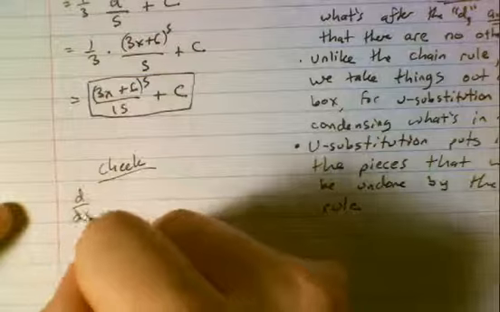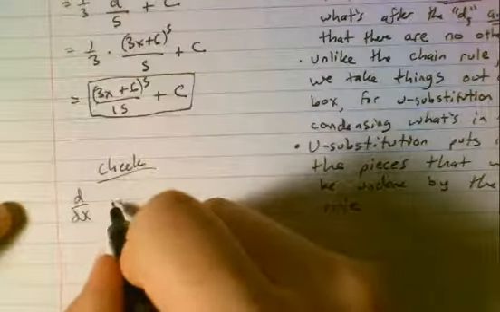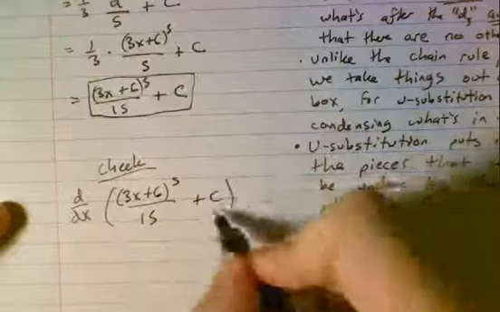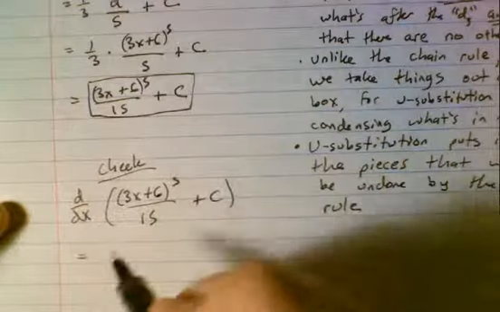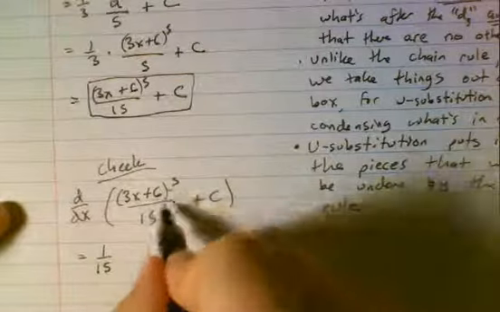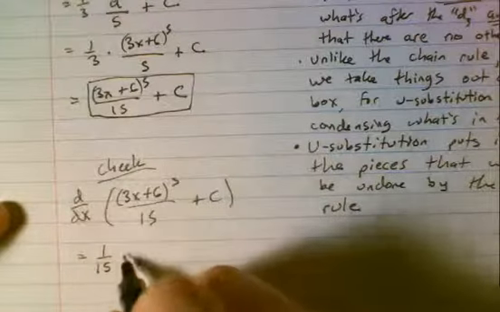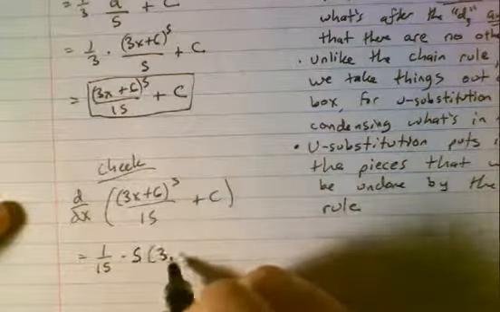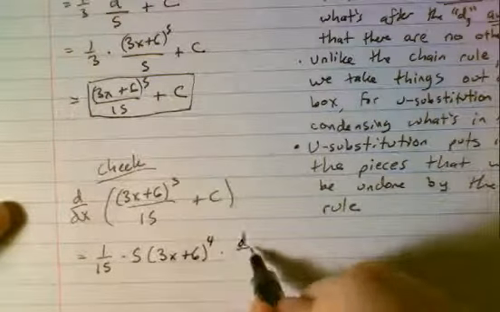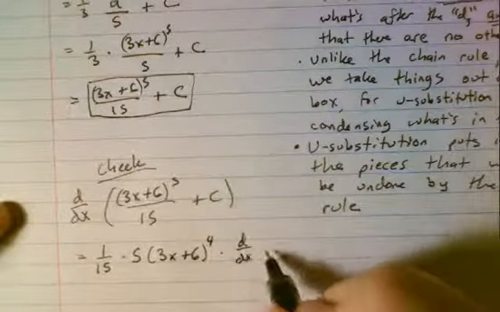We're going to do the derivative with respect to x of 3x plus 6 to the 5th power over 15 plus c. Plus c is going to drop out because its derivative is 0. So this is the same as 1/15th, and then we're just going to do the derivative of this piece. So we bring down the 5 and subtract 1 from the exponent. And then, because of the chain rule, we do the derivative of what's inside.